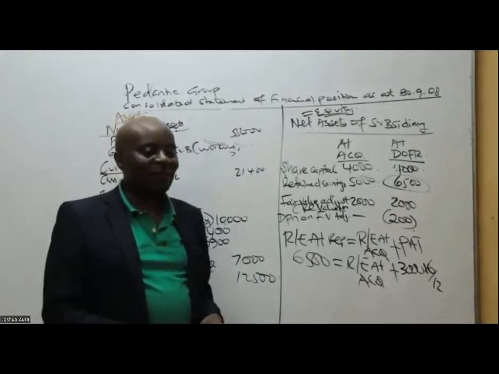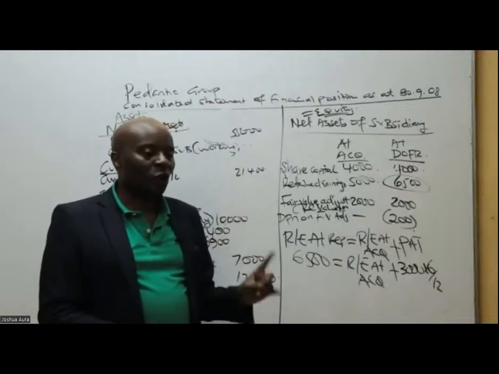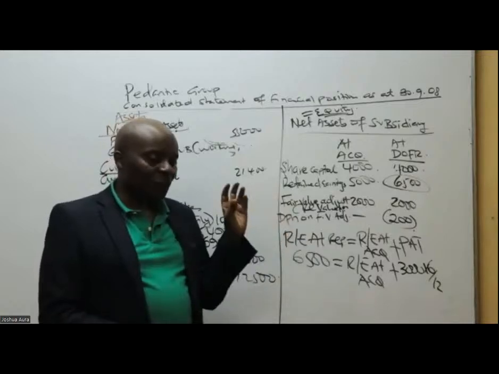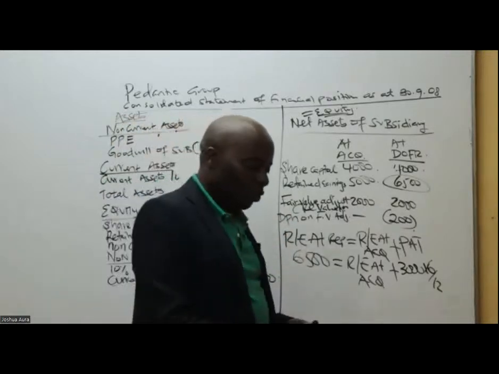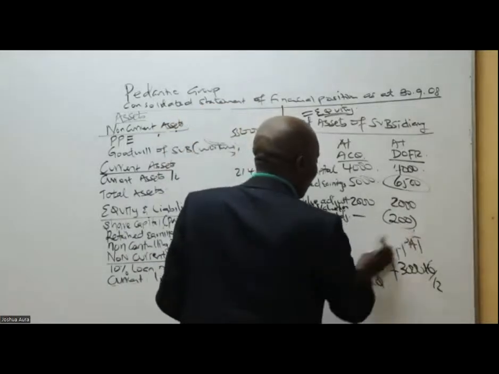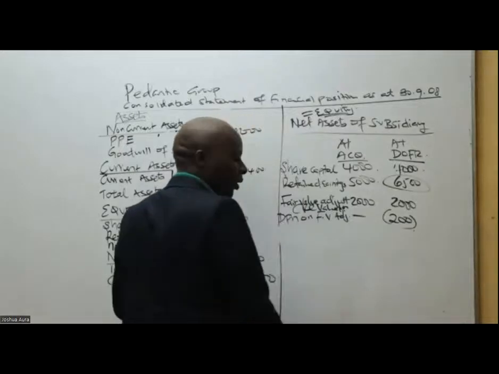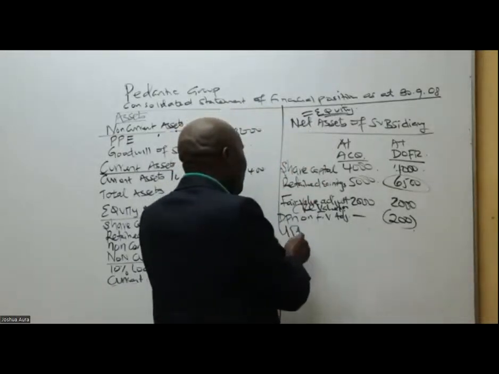So, ladies and gentlemen, there is one thing that you must always check in your net assets. How to introduce this thing is quite important. UPS, this one you must always check.